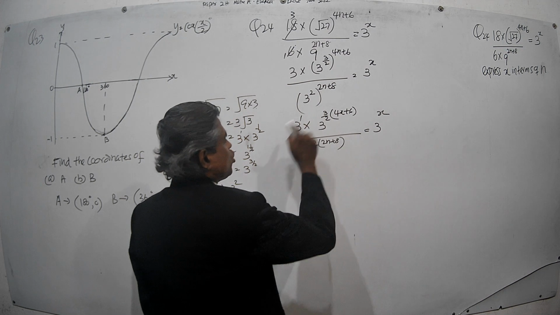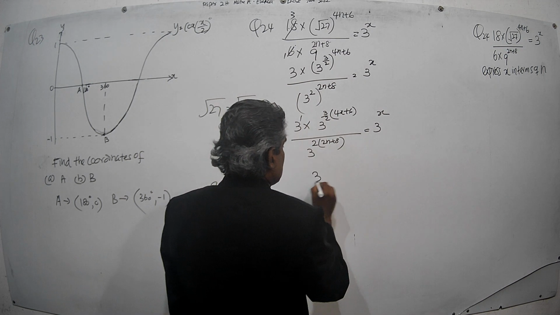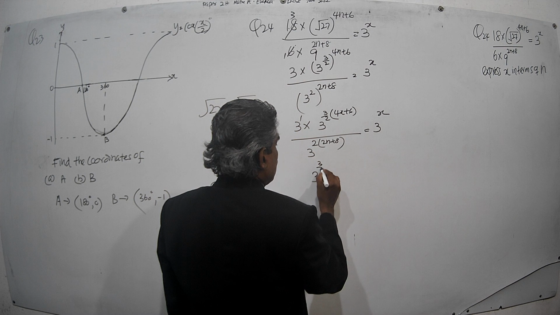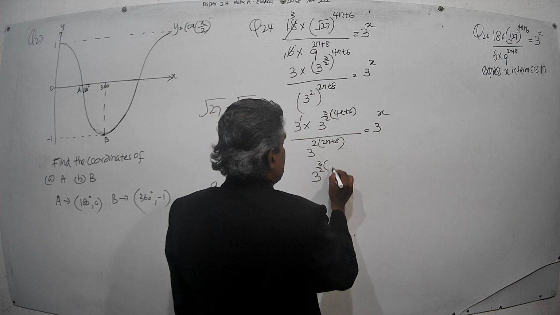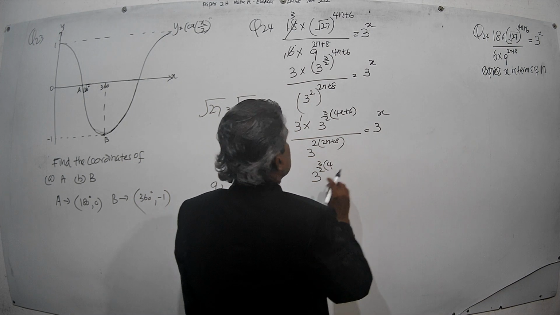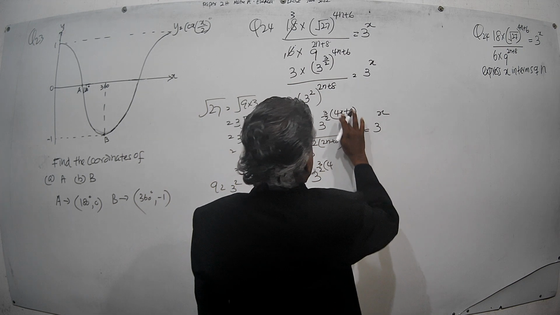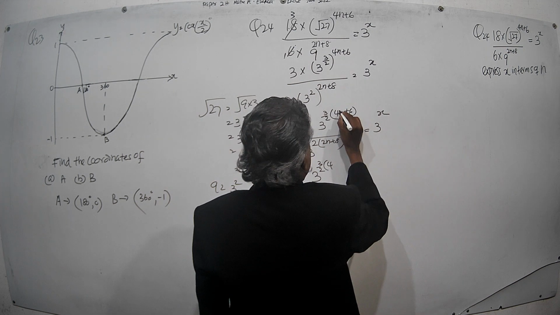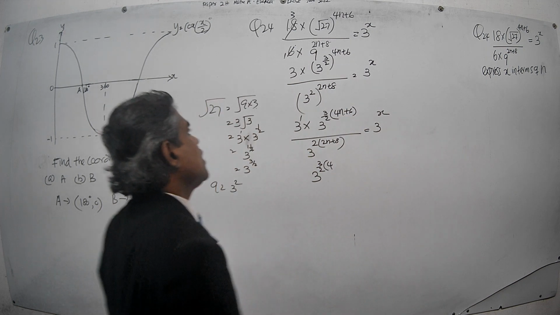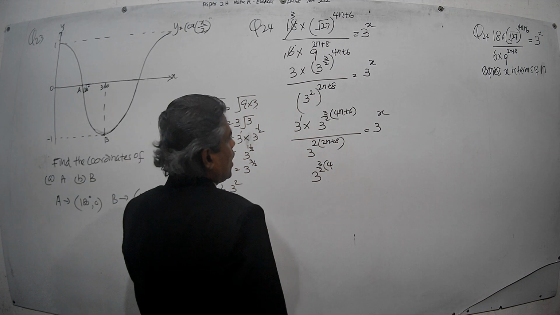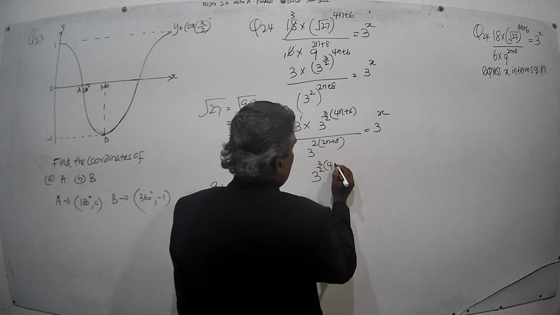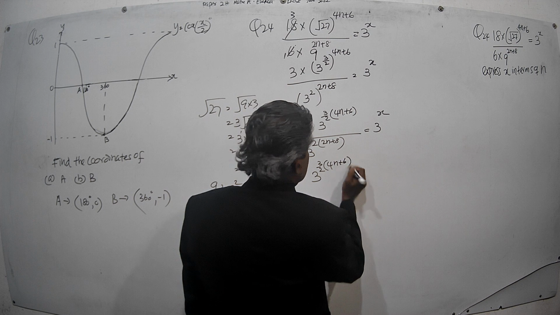Therefore you can simplify the numerator as 3 to the power of this one, 3 over 2 times 4. This is actually not x, right? This is n. Sorry, 4n. Then 3 over 2 times 4n plus 6. Okay.